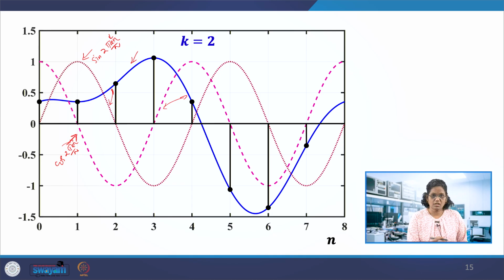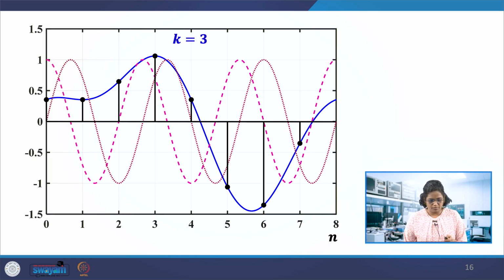So in case of DC, there is no correlation, as we have seen. And if you look at k equal to 3, similarly within the n samples, it takes 3 cycles. You can see this is 2 and the third one is completing here. So again it is taking the complete cosine signal of these points, and the correlation between these two, and between these two, is computed, k equal to 3 here.